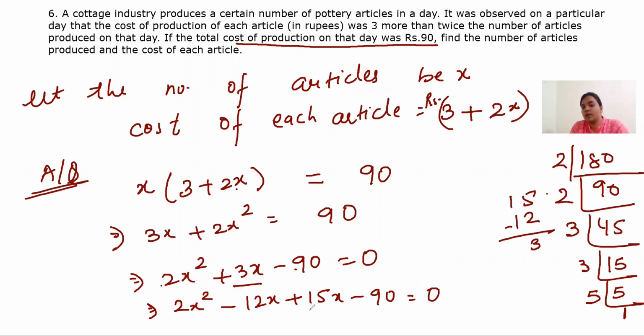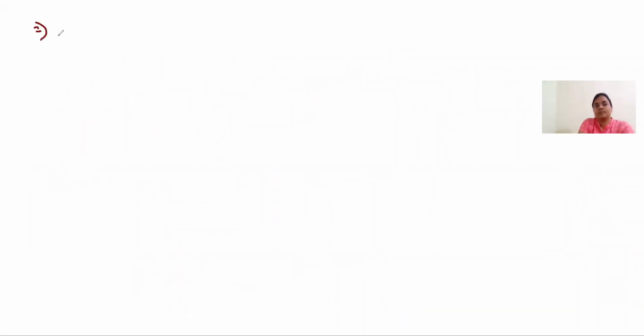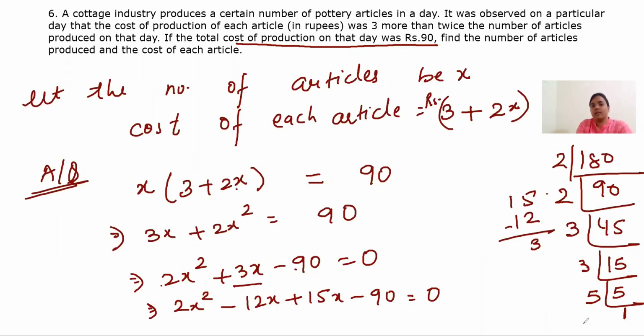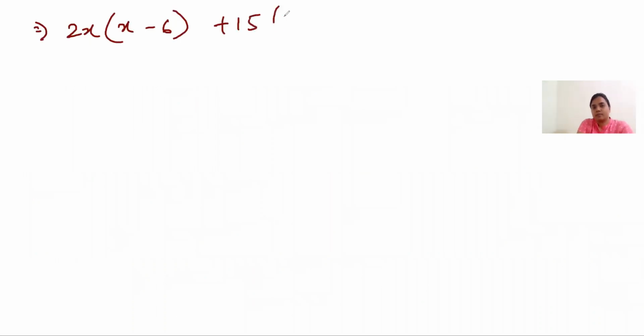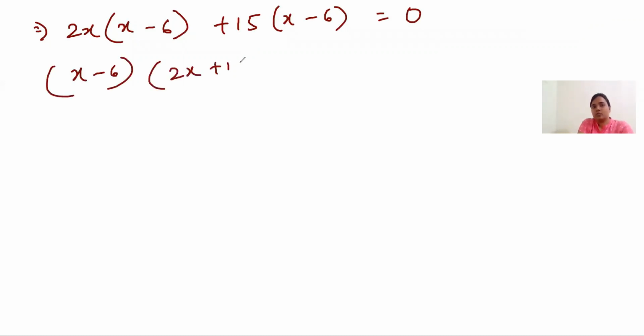So we have to take plus with 15x only. Now we will take common 2x from the first one, and from the second one, I can take 15 as common. This will be equal to 0. x minus 6 is common and left with 2x plus 15. Don't forget to give this implies sign.